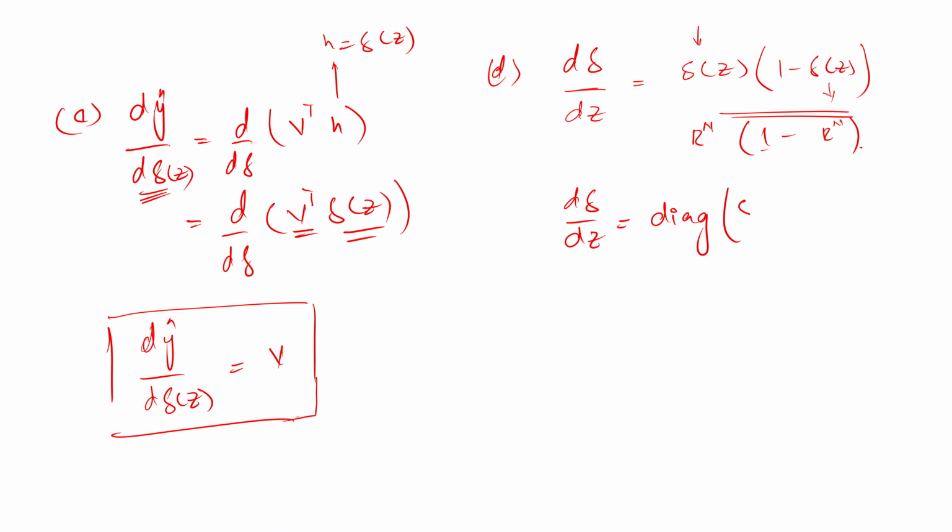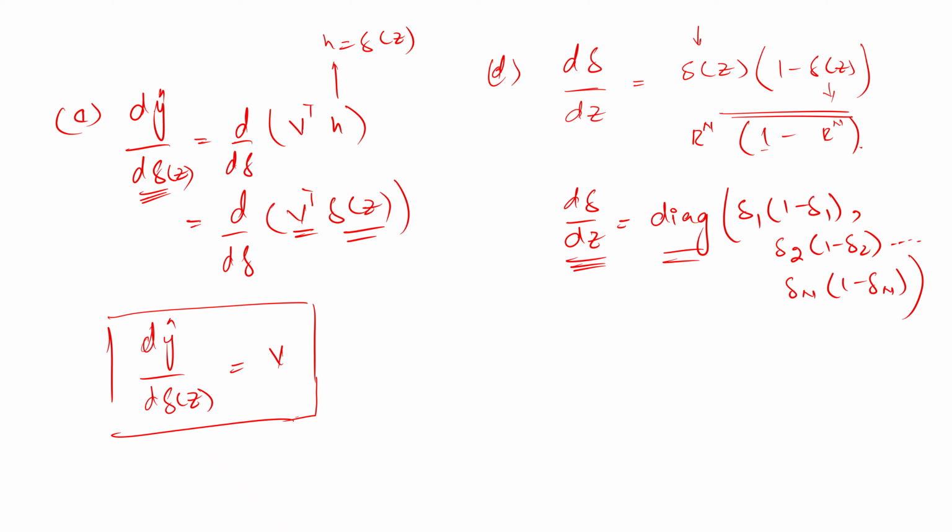So let's say for the first sigmoid it will be sigma 1 times (1 minus sigma 1), right? Then for the second one it will be sigma 2 times (1 minus sigma 2), and so on, up to sigma n times (1 minus sigma n). So this will actually be a square matrix because we are talking about diagonals.